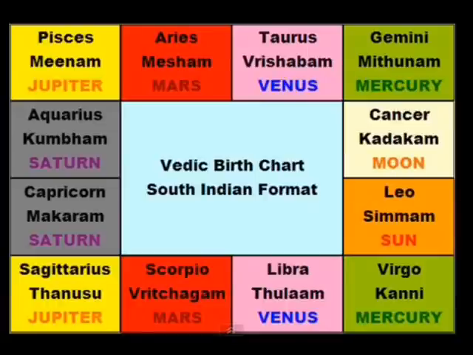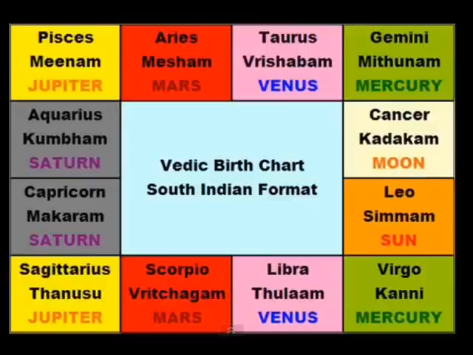Sun and the Moon rule over one zodiac sign each, whereas the other 5 planets, Mercury, Venus, Mars, Jupiter and Saturn, rule over 2 zodiac signs. You can see here in the chart, Mercury rules over Gemini and Virgo, and green is the favorite color of Mercury. Moon rules over Cancer, Sun rules over Leo, Mars rules over Scorpio and Aries, and red is the favorite color of Mars.